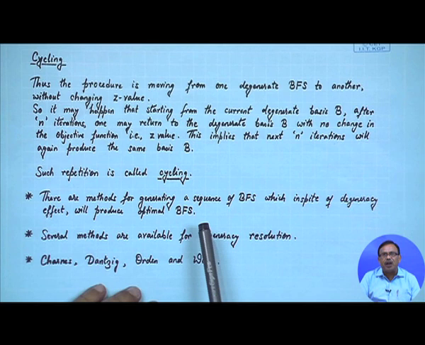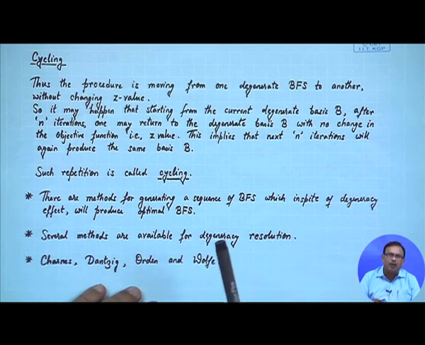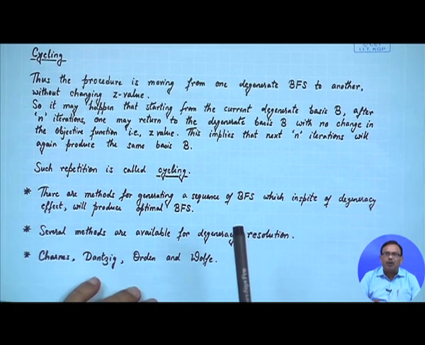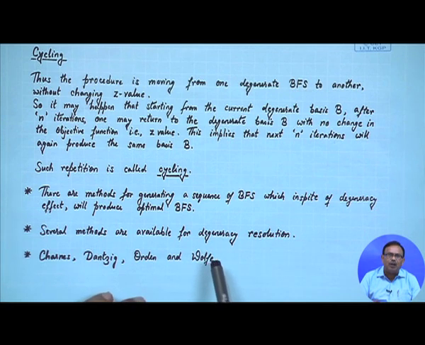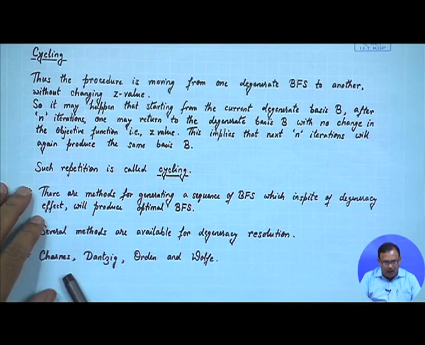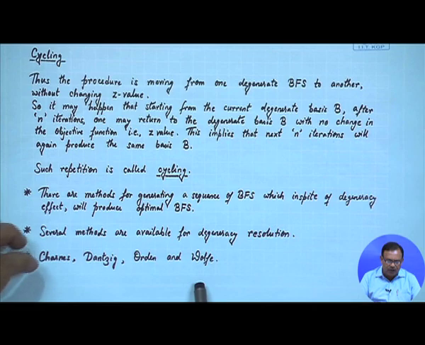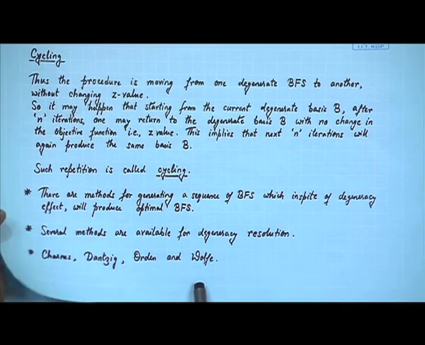Whenever degeneracy occurs, if you follow the normal method, there will be no improvement in the objective function. But there are several methods available for degeneracy reduction, like Charnes, Dantzig, Orden and Wolfe. Various methods are available, but we will discuss only one of them.